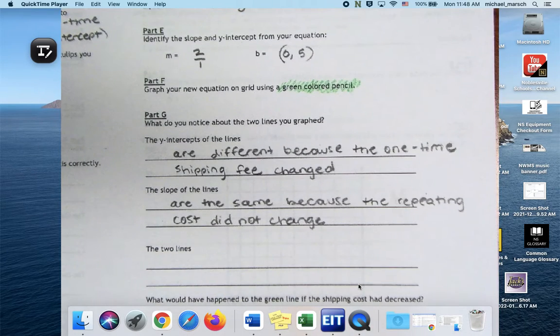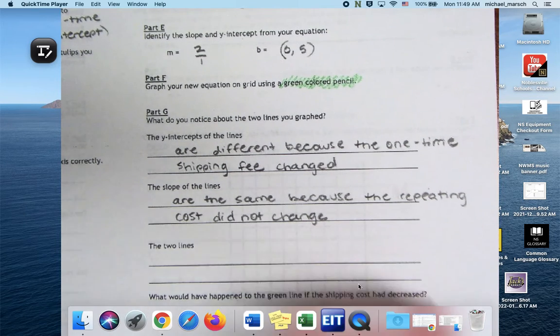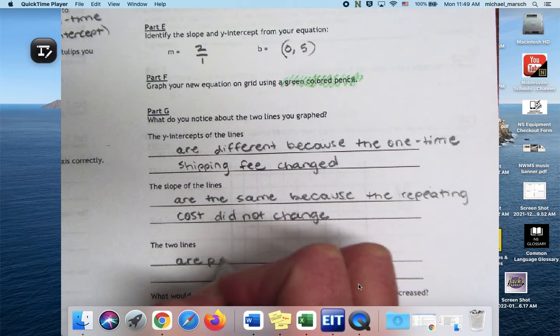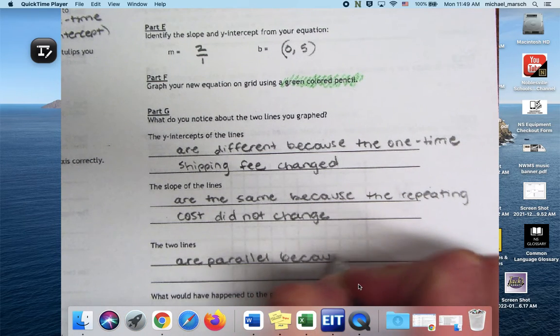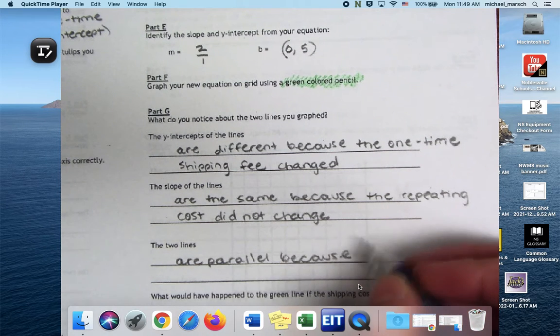So that green and blue should look like they're the identical slope, just in different places. Now, I know some of you said green was steeper just because it was maybe above visually, but that doesn't make it steeper. It just makes it in a different location. We're going to have one where you can visibly see that it's a steeper line. The two lines are parallel because the slopes are the same.